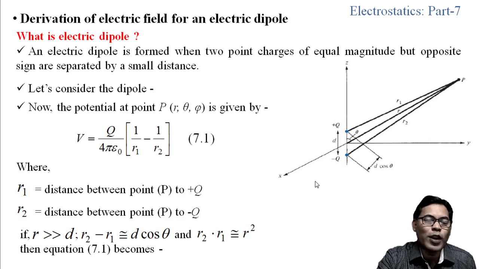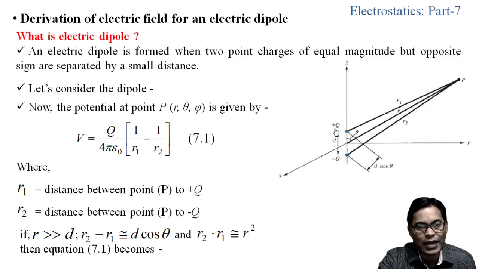To calculate the electric field intensity at a point due to the electric dipole, we have considered the Cartesian coordinate system x, y, z, and in this system we have placed a dipole on the z axis.